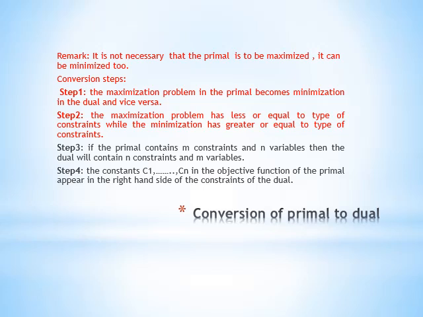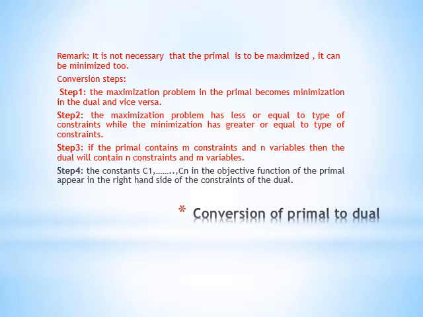Now, these constants C1, C2 up to Cn in the objective function of the primal are replaced where?